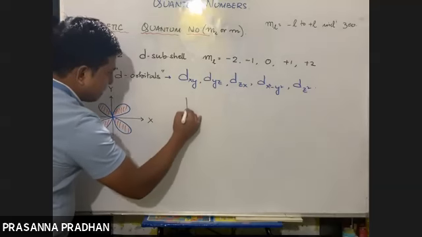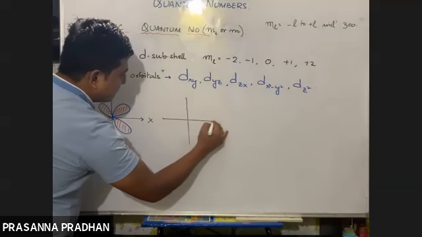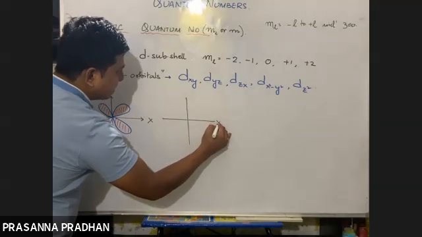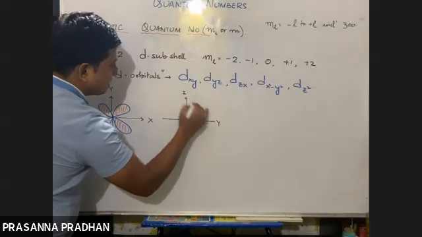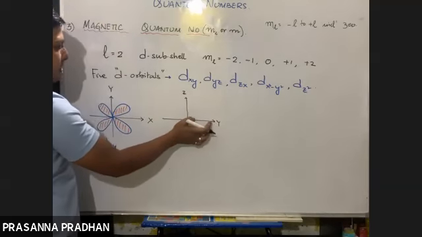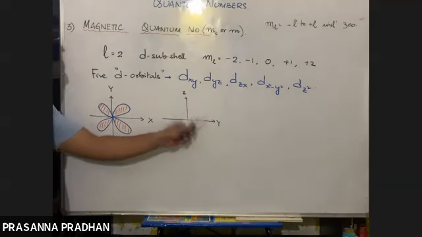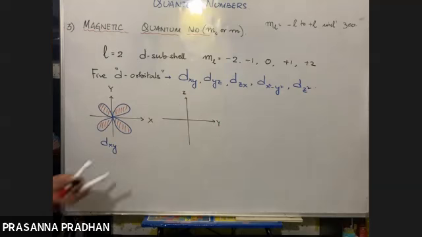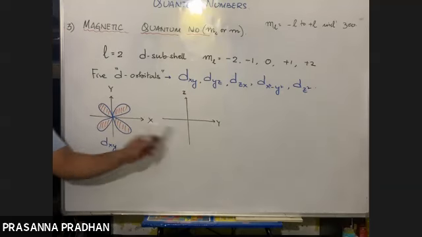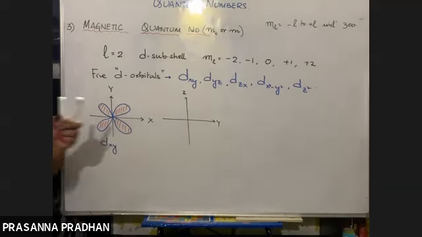Now, again, I'll consider this as the y-axis. I can consider this as the z-axis. It's not mandatory that I have to consider these as x, y, and z. I can name them as x, y, and z the way I like, provided they are mutually perpendicular. So now I'm naming this as y, this as z.